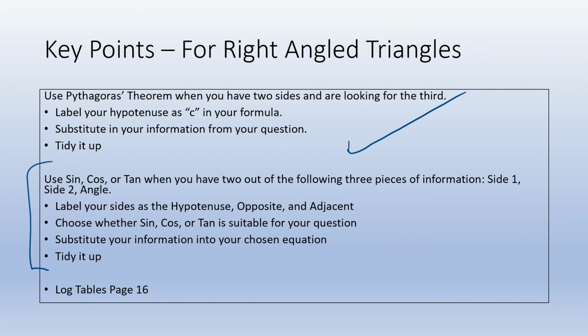And I gave you 2 examples there, one where you were looking for a side and one where you were looking for an angle. First thing you're going to do with any of those questions where you're given an angle and given 1 or 2 sides is label your sides as the hypotenuse, the opposite, and the adjacent. Choose whether sine, cos, or tan is suitable for your question. Usually it'll only be one of those. Substitute your information in and tidy it up. Also, your log tables on page 16 will help you as well.